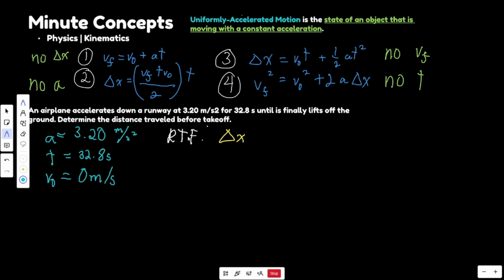Now, how do we determine the distance traveled before takeoff? If you notice, in this equation here, we are missing a certain variable. Let's see which one we can figure out. We're not given a variable for final velocity.